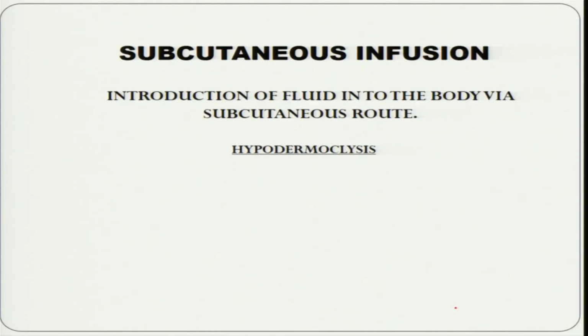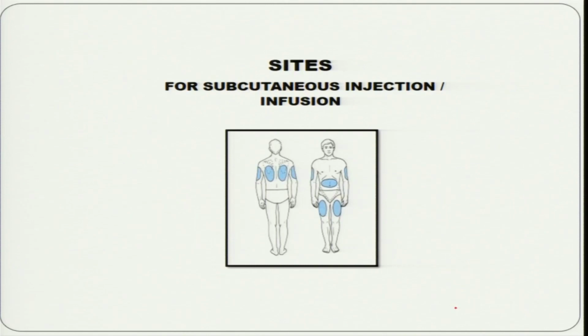Subcutaneous infusion is the introduction of fluid into the body via subcutaneous route. It is also called hypodermoclysis. These are the common sites where you can select the site for the subcutaneous injection or subcutaneous infusion.